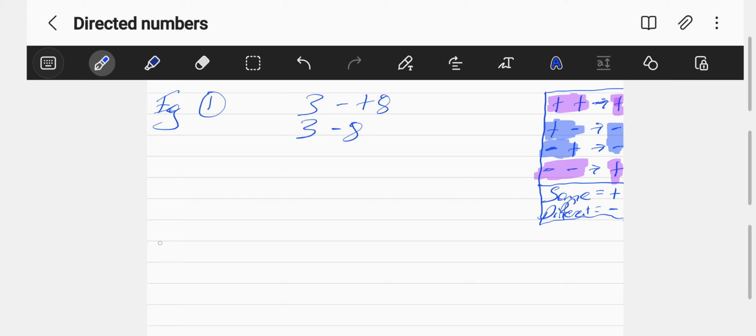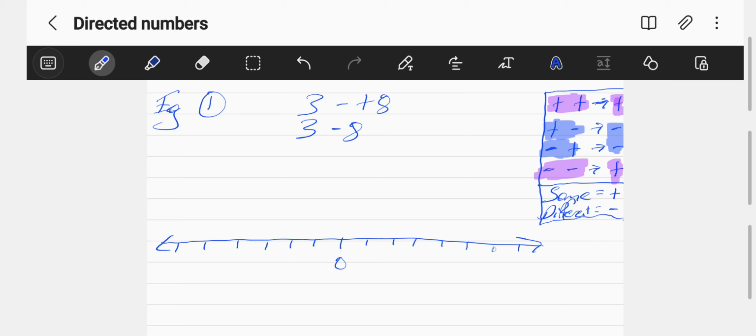So let's do this. We're going to use the number line to give ourselves an idea of how to solve using these directed numbers. So we want to know what is 3 minus 8. On our number line, it's usually observable to see a number line with 0 in the middle, and on the right of 0, we have what kind of numbers?